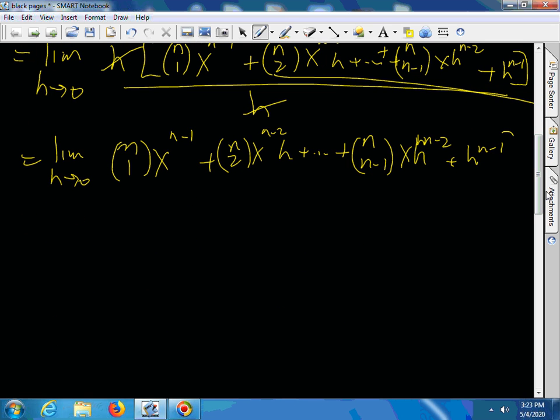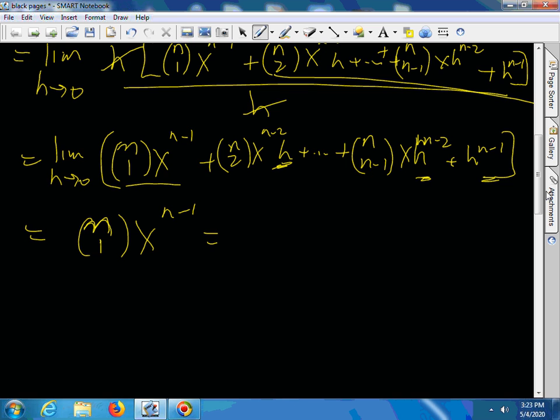So you're taking the limit of that, and this term has an h, and this term, in the numerator, so they're all going to 0. So you just get the first one, n choose 1, x to the n minus 1.